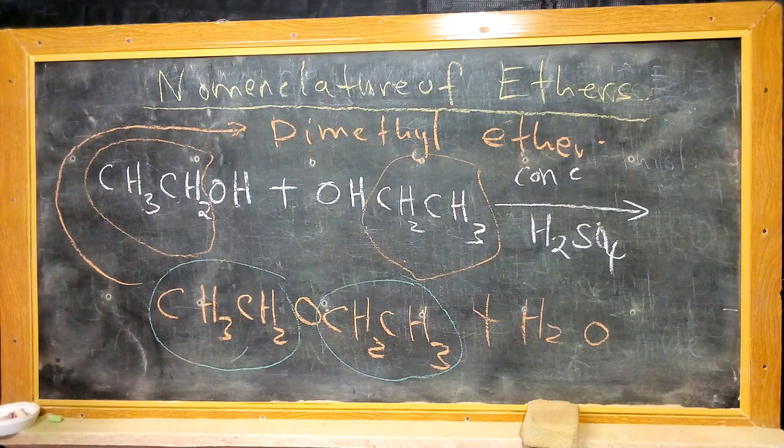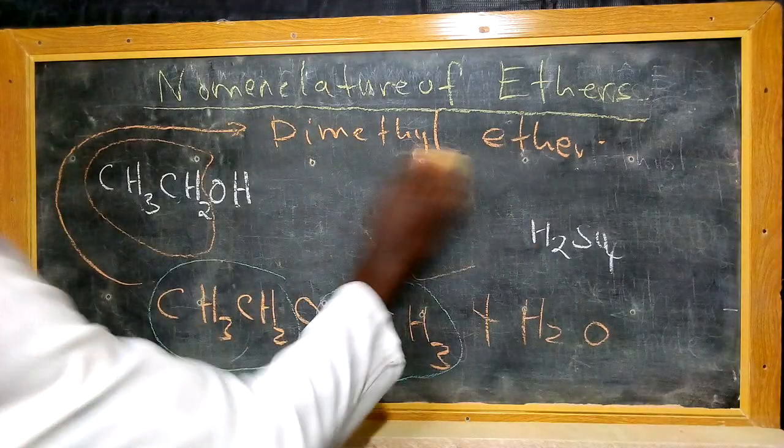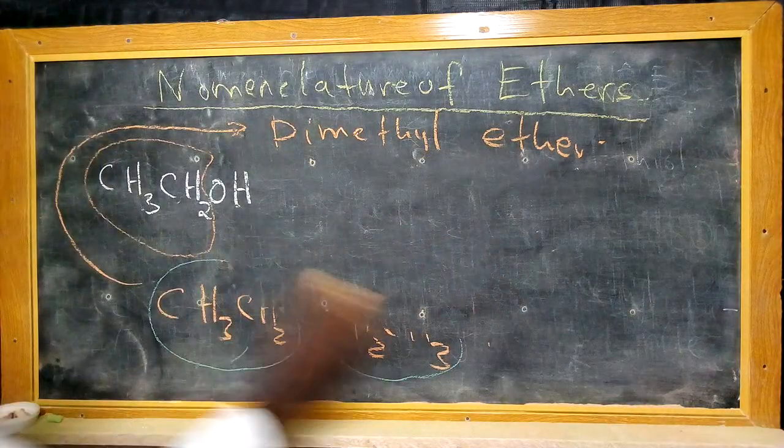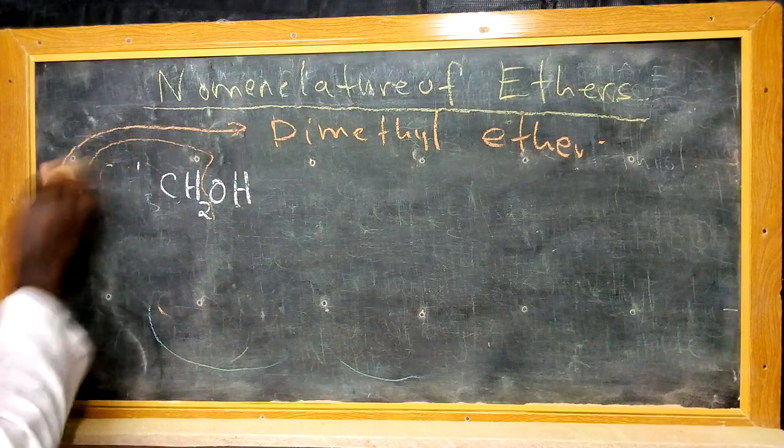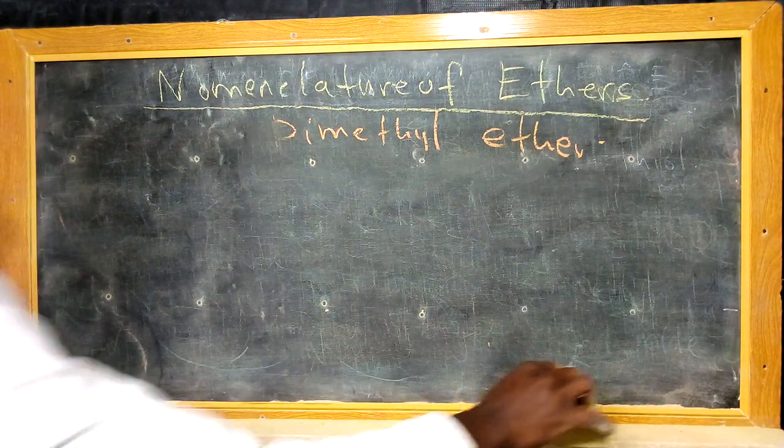Now, dimethyl ether is a product formed from the reaction of those two particular alcohols. Let's see another example of an organic compound, but before that, let's look at the format in which this name has been done.